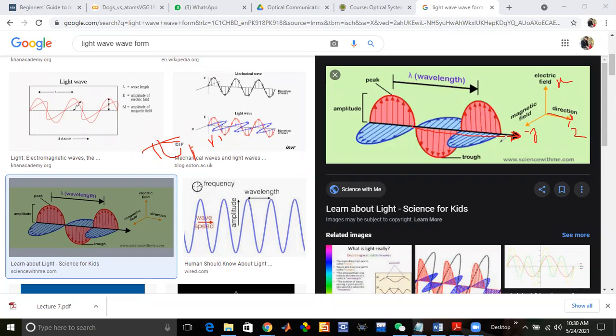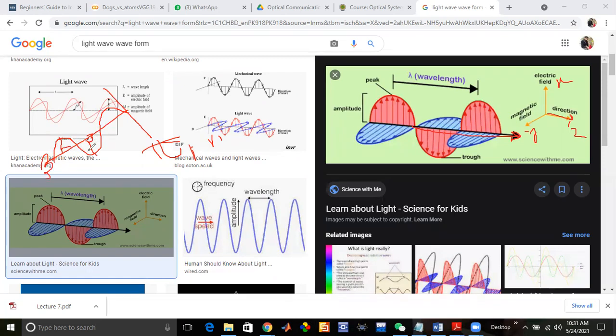And there are those which depend on the medium, for example, sound waves or string waves. If we consider this is a string, and when we shake this, it will behave like this. Here the wave moves in this direction, and the particles can move either upward or downward. So they make a 90 degree angle with each other.